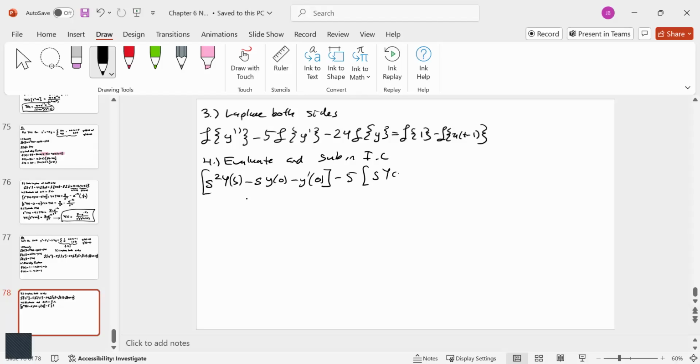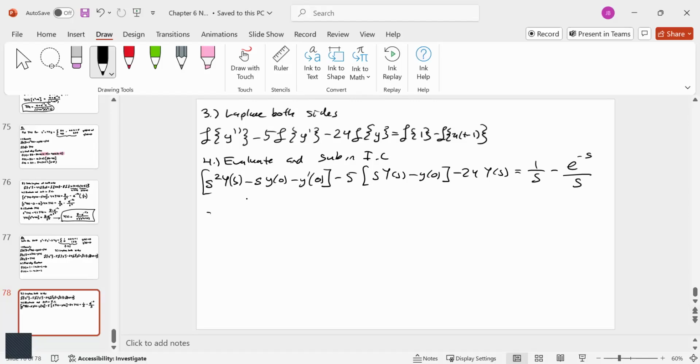And then s y of s minus y of 0 minus 24 y of s equal to the Laplace transformation of 1 is 1 over s. And then if you remember, the Laplace transformation of just a step function is e to the negative a, which would be 1. So negative s over s. That's just the generic formula for it.